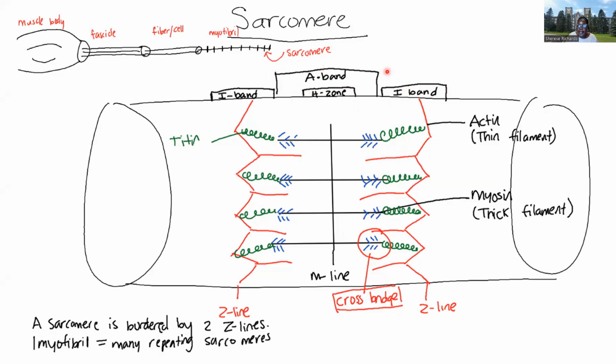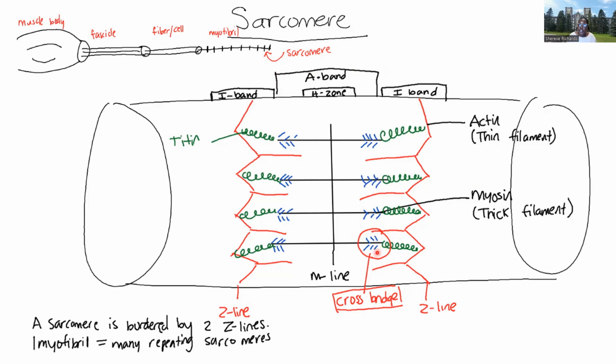The A band is the outer region where we begin to see some overlap. So notice the thin filaments in red are overlapping with the thick filaments in blue. And so this is the area where we have overlap. That's considered the A band. And then we can consider the interaction between the thin filaments and the thick filaments as a cross bridge.